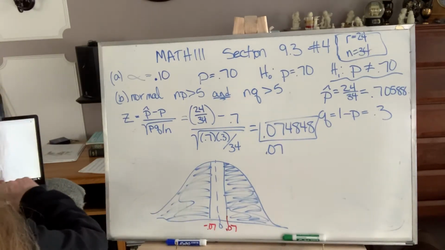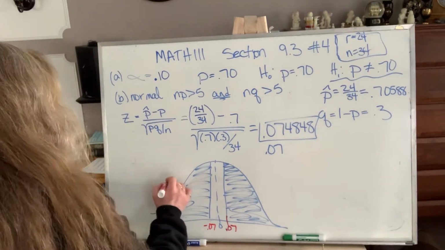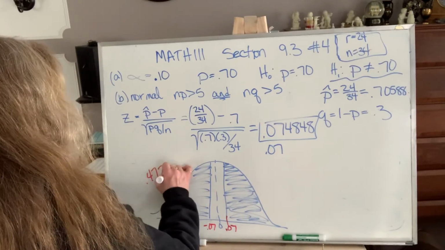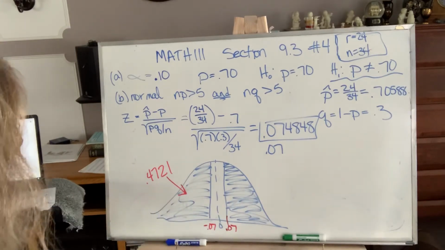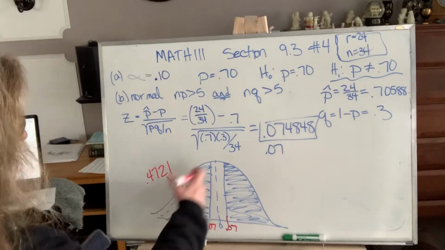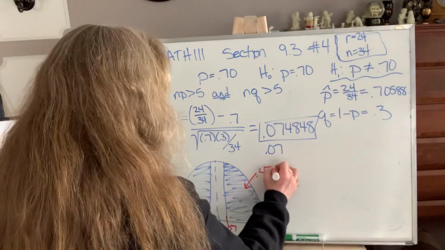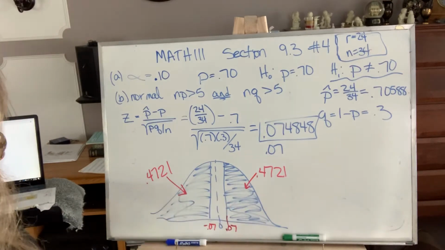Well, I'm going to choose to look up the negative 0.07. So 0.4721. That's the area on this side under the curve. I know that it's symmetrical, so I know the other side is going to look the same. 0.4721. So that's the area under the curve, both sides.